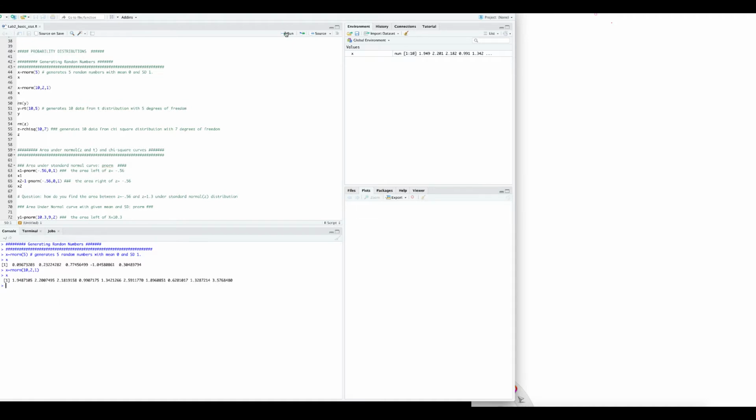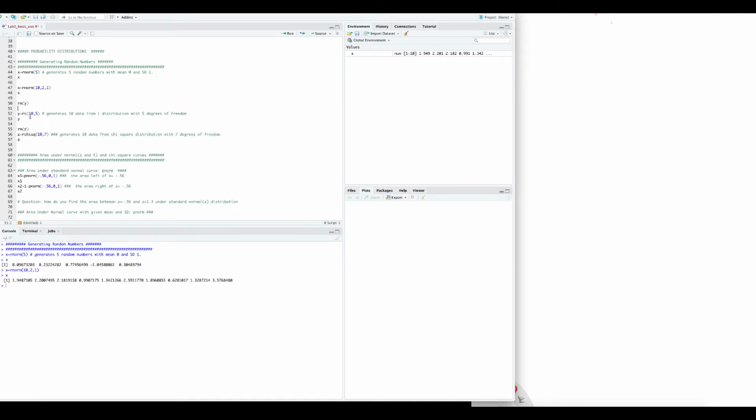What I'm doing is removing y first. If there is anything saved in this workspace, we remove it first by doing rm(y). You don't have to do that, because once you assign a new value, R will pick the new value, but you can always do it if you want to. So let us define y equals random numbers from the t distribution.